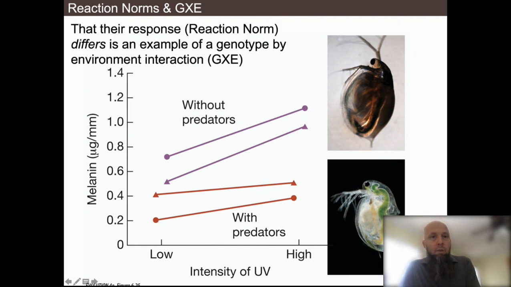So their direct response differs. That's the example of a genotype by environment interaction.